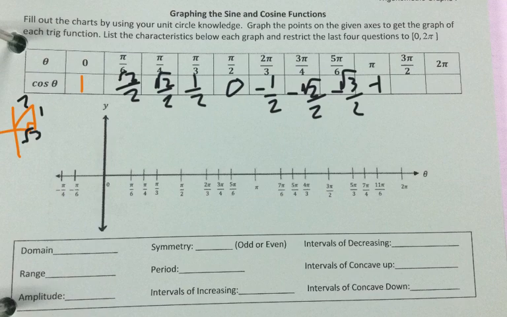Right, then you see we could keep doing this and keep following this pattern. So like what would be cosine of 7 pi over 6? They skipped it, but we should know what it is. 7 pi over 6 would be negative radical 3 over 2. 5 pi over 4 would be negative radical 2 over 2. 4 pi over 3, negative 1/2.